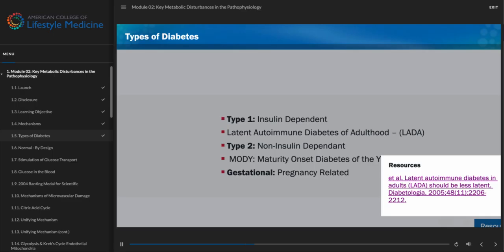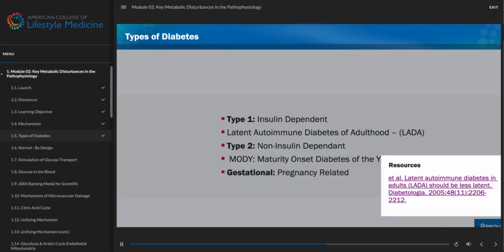Type 2 has a different mechanism where there's insulin resistance and early high insulin, lower later. We call this non-insulin dependent, even when people are taking insulin to treat it.